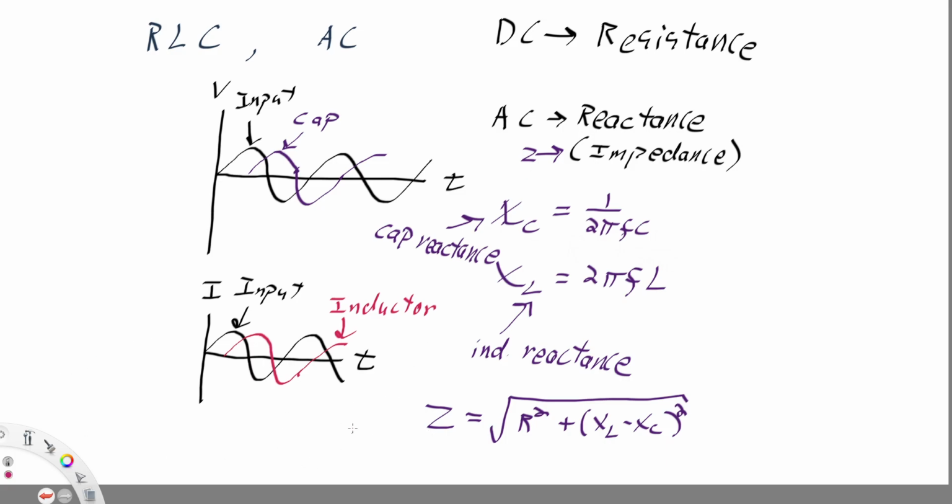The end result being that you get a kind of generalized version of Ohm's law, where the voltage as a function of time through the system is going to be equal to the impedance times the time varying current. Okay.